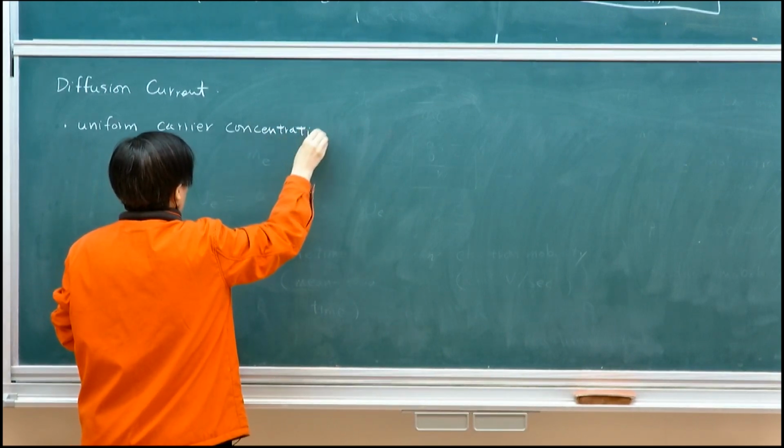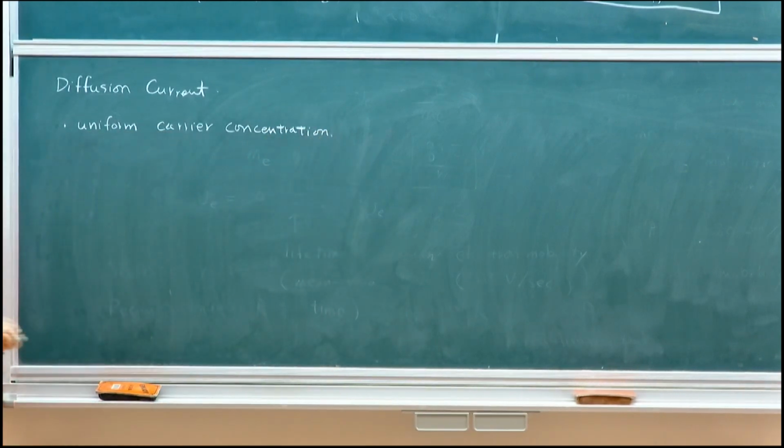This can be transient or it can be fixed. For example, if you have a p-n junction, you would have permanent non-uniform carrier concentration on both sides.